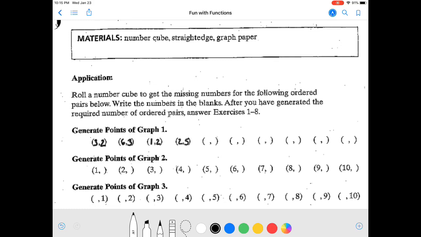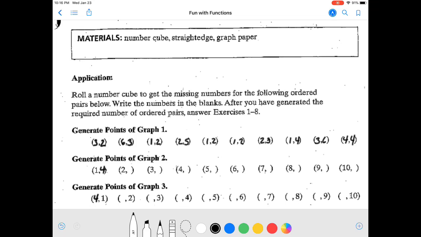Then 2, 5. 1, 2. 1, 2 again. 2, 3. 1, 4. 3, 6. And 4, 4. So I'm going to give you a minute to copy those down if you need to pause the video.